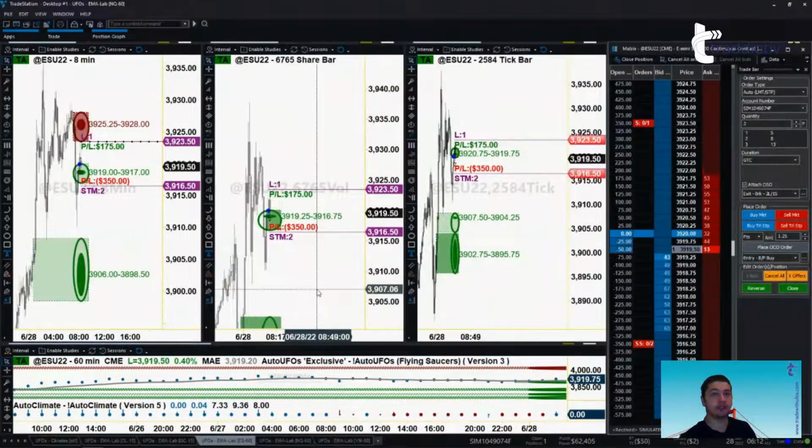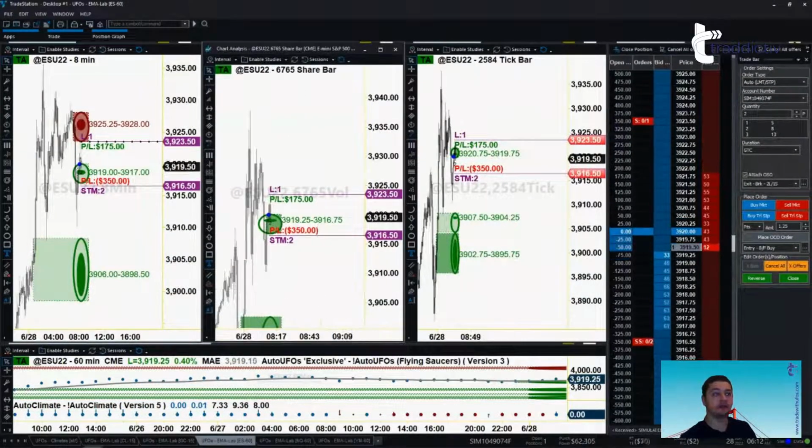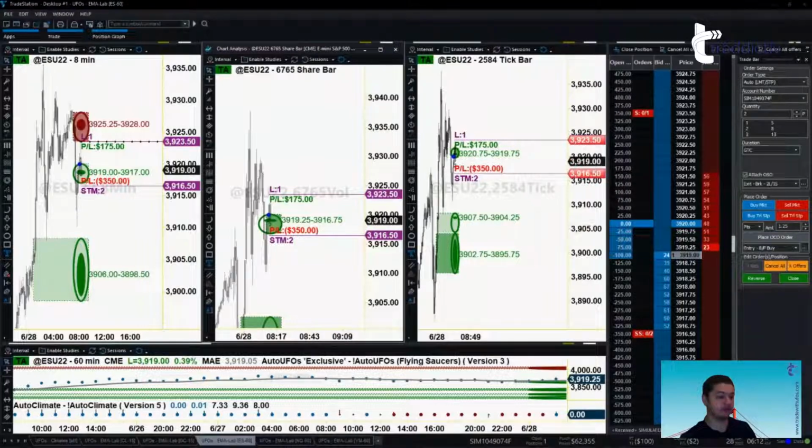Let's take a look at that. As we said, the stop is at 16.5, T1 is 23.5, and T2 is all the way at the 4,000s.